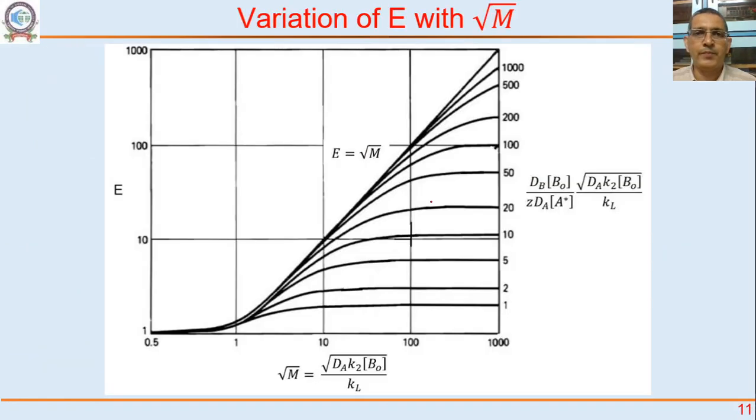Let's go forward. So if you plot enhancement factor with respect to root m, this is the kind of graph you will get. It will level off if root m is far greater. So this is the linear portion where E is root m. E is root m. This is the linear portion.